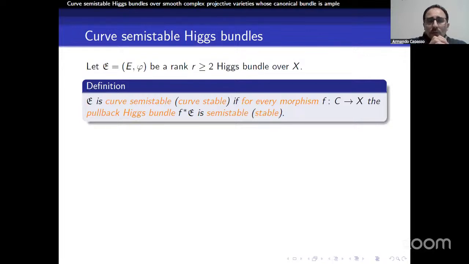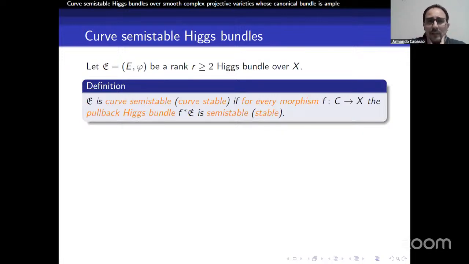Now, in order to conclude this first part, I recall this important definition, which is the cornerstone of the last part. In this last part, I introduce a very important class of Higgs bundles, the curved semistable Higgs bundles. What do I mean?